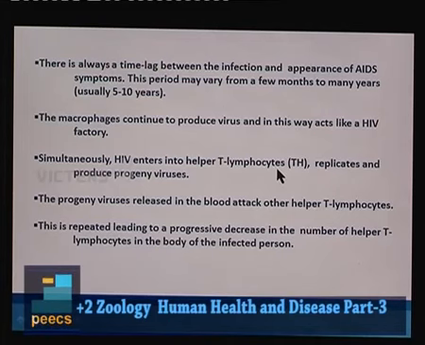So, here HIV is also infecting helper T cells, and when it does, it will affect the immune response of a particular individual, because when helper T cells are attacked, their number will progressively decrease. The progeny viruses released in the blood attack more and more helper T lymphocytes, and this is repeated, leading to a progressive decrease in the number of T lymphocytes.